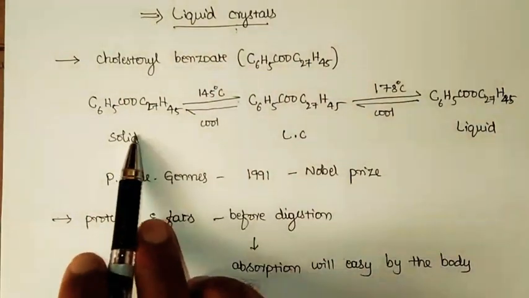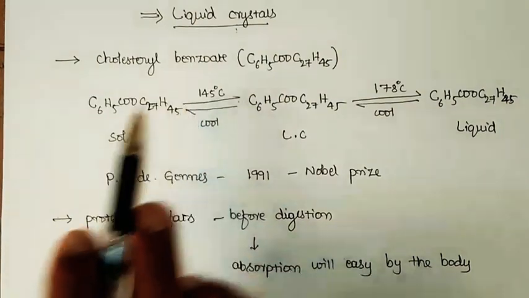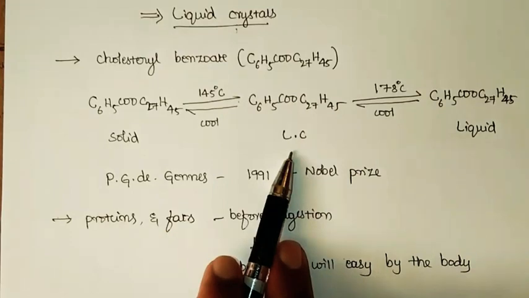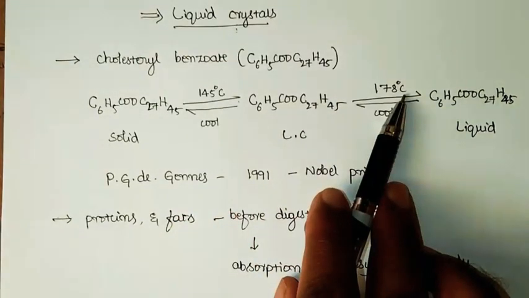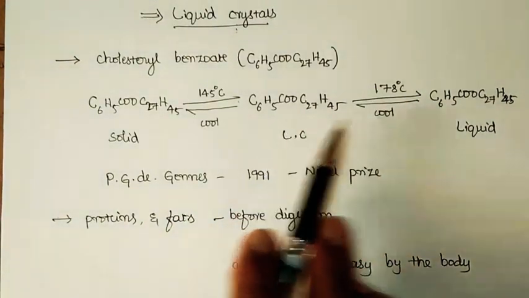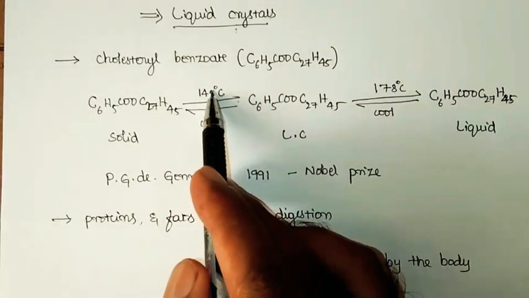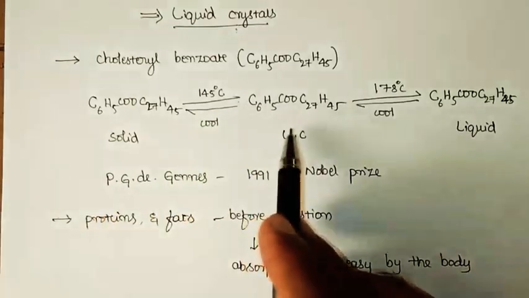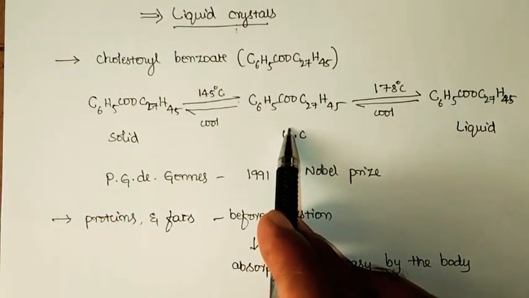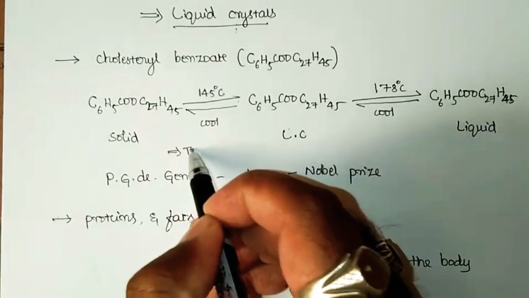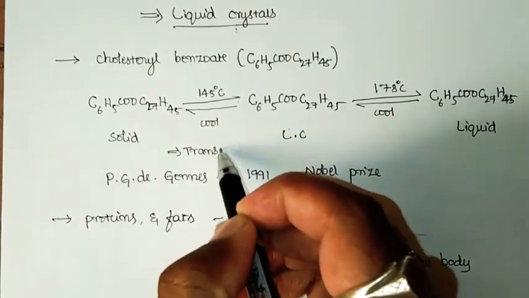And here you can observe, at one temperature we are converting the solid material into the liquid crystalline state, and on further heating the liquid crystalline state changes into the true liquid. The temperature at which the solid material changes into the liquid crystalline state is called the transition temperature.